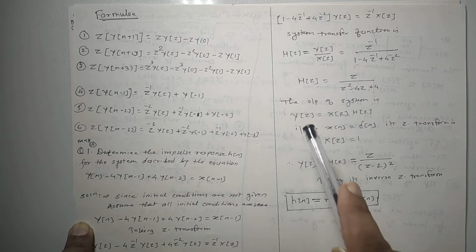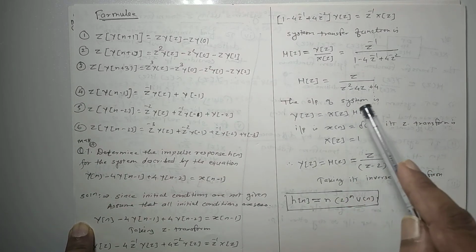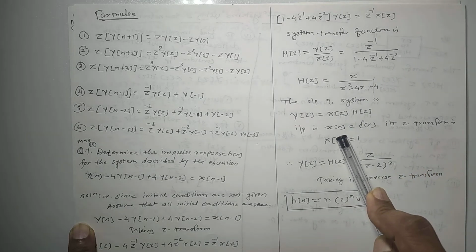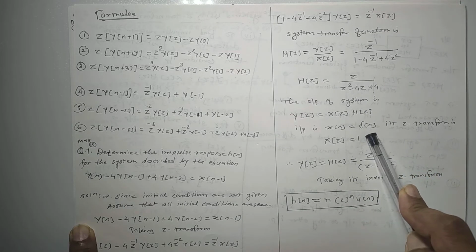Okay, and therefore the output of the system is Y(z) equal to X(z) into H(z). But what is the input you are applying to the system? Impulse input, because we require the impulse response.